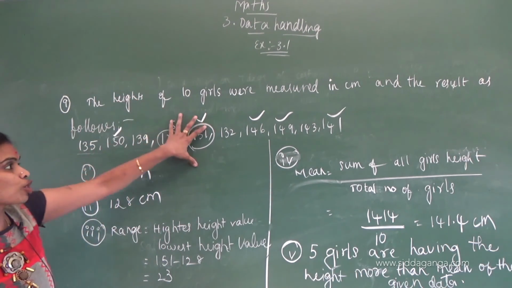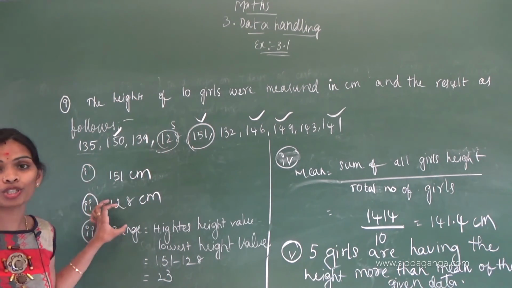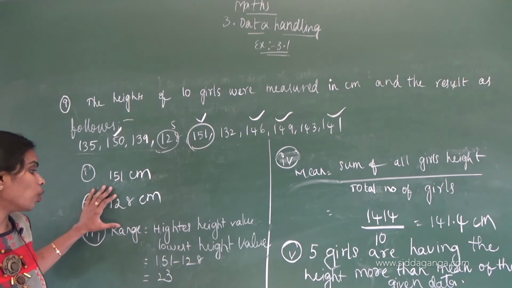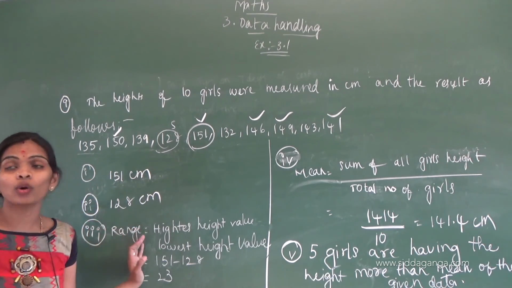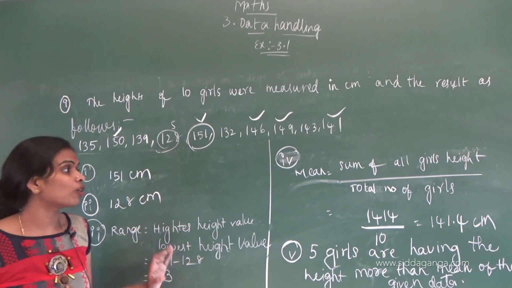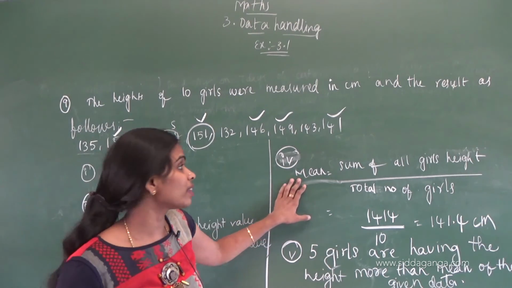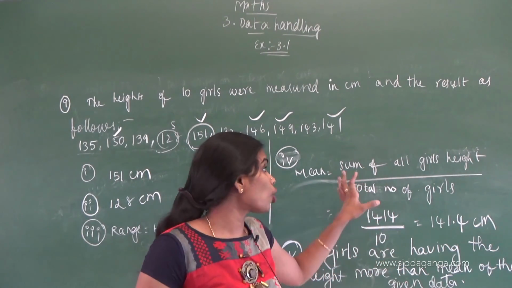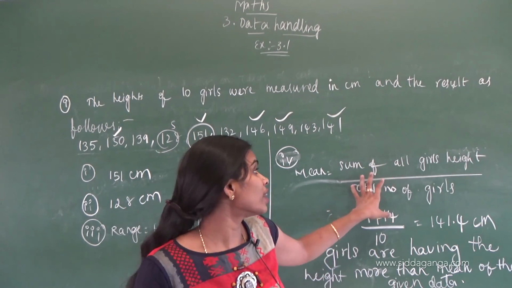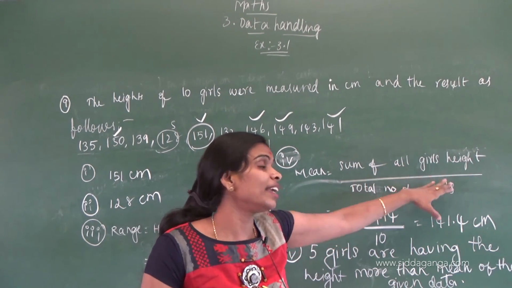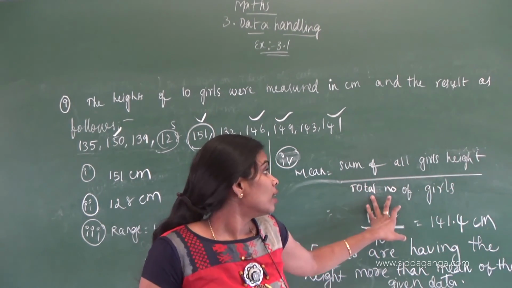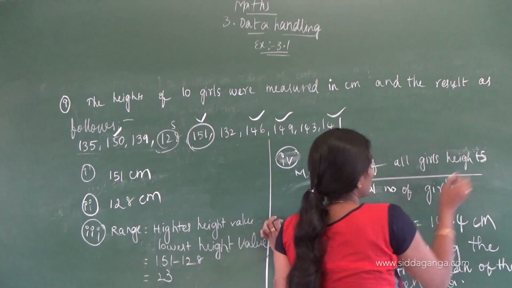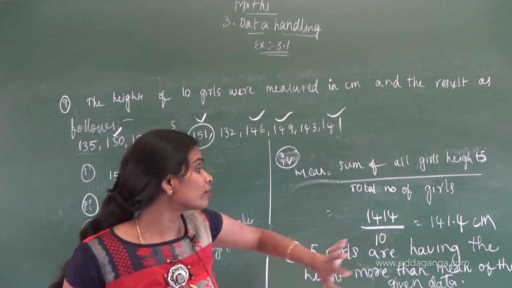Okay, the first question we have written. Then for each question, highest height, lowest and range. What is range? Highest value minus lowest value, that only we applied. And what is the mean? Sum of the observations divided by total number of observations. According to this, we converted it as the sum of all girls' heights divided by the total number of girls.